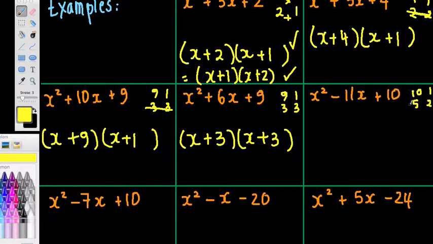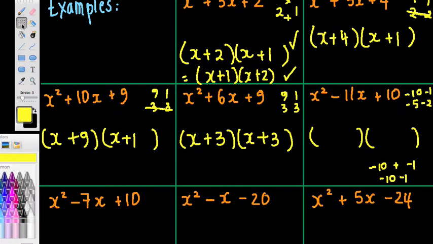Now, if I had, say, negative 5 and negative 2, multiplying them together does give me positive 10, but negative 5 minus 2 is negative 7, so that one doesn't work. Let's try this one here. Negative 10 minus 1 is negative 11, so this one works. Now, why do I say negative 10 minus 1? That's because negative 10 plus negative 1 is negative 10 take 1.